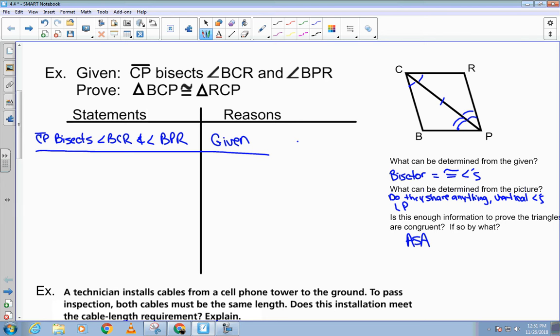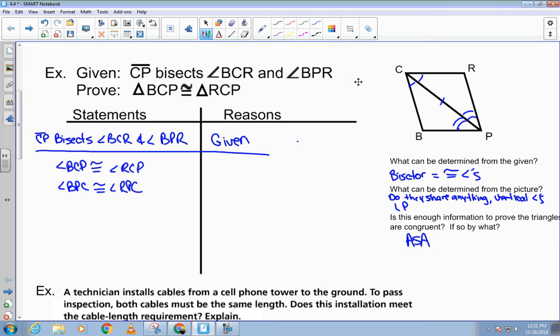From that, that's their bisector, it creates congruent angles. So we want to say that angle BCP is congruent to what? Angle RCP. And we want to say that angle BPC is congruent to angle RPC. Alright, so those pairs of angles are congruent.